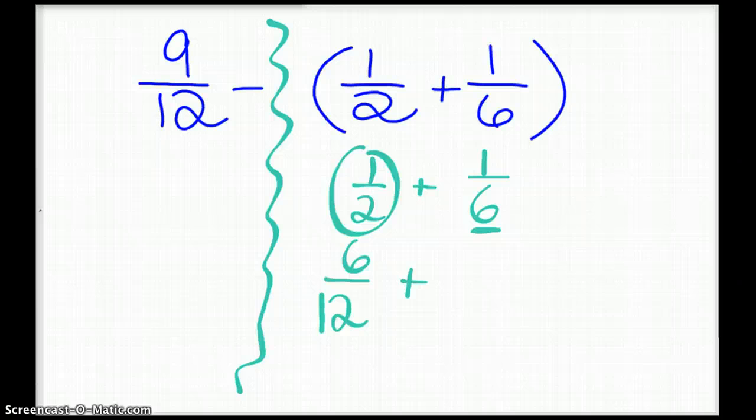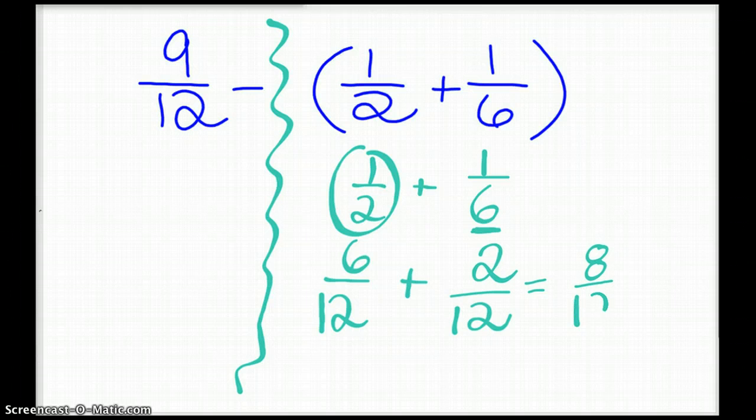Now how do I change 1/6 to be in 12ths? How do I get it to go into 12ths, Abby? 2 times 2. Yep. And then 2 times 1. Perfect. And then if I add them together, I get 8/12ths. Am I done with this problem?